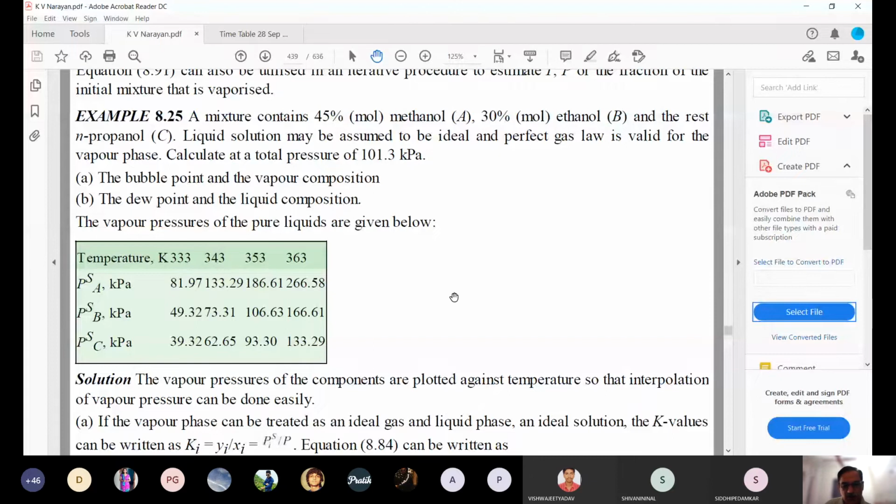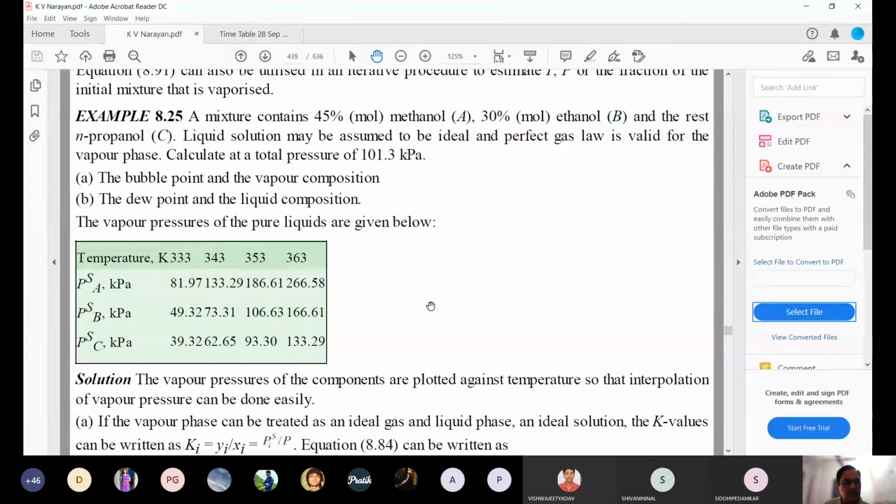So vapor pressures of pure components are plotted against temperature so that interpolation of vapor pressure can be done easily. So we don't know the exact temperature, so you can do interpolation. Do you know how to do interpolation? How do you interpolate? Suppose I have a temperature of say 333 and 343.